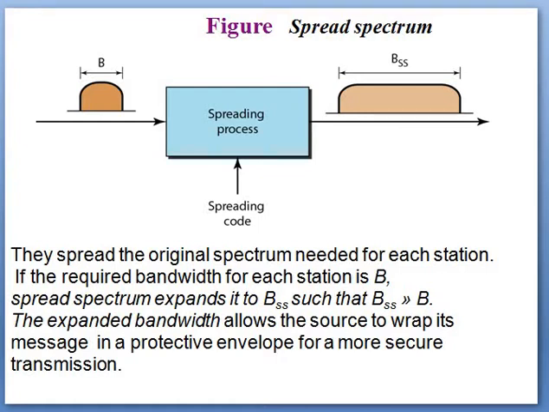It spreads the original spectrum needed for each station. If the required bandwidth for each station is B, then spread spectrum expands this bandwidth up to B_SS, such that B_SS is always greater than B. The expanded bandwidth allows the source to wrap its message in a protective envelope for a more secure transmission.